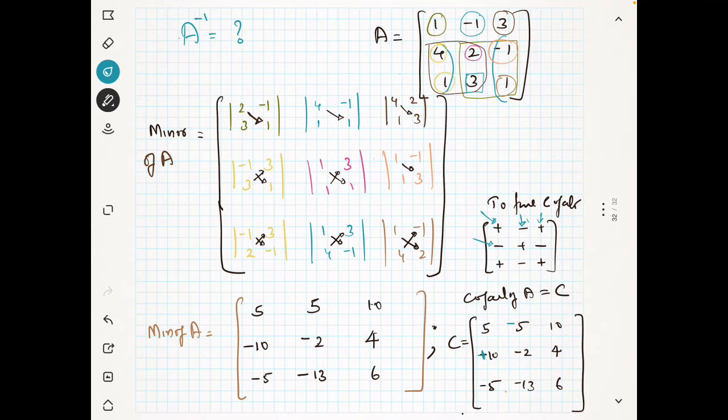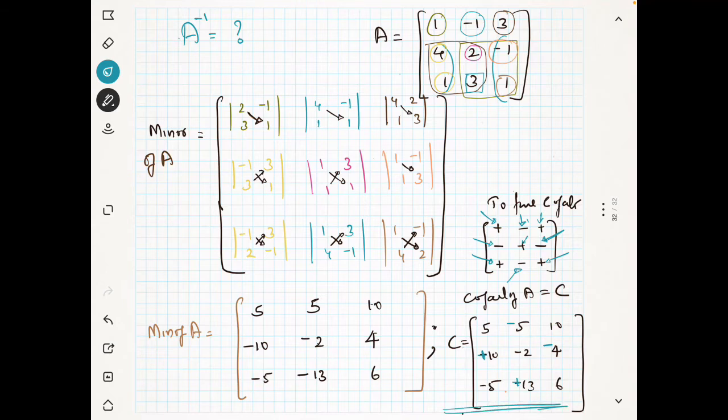Then there is no change, and there is a change at the third position, so you have to multiply with minus 1. Next there is no change, but here there is change. So you multiply the minus 13 with minus 1, so it becomes plus 13. Next you have no change. So this is the cofactor.